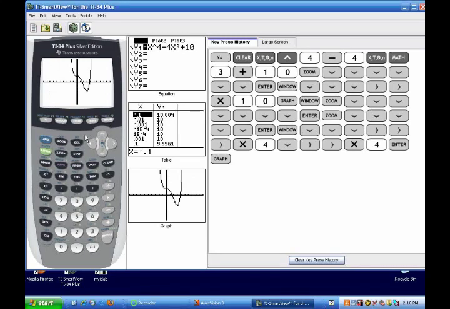Now we're happy. That's a pretty graph. That's a really pretty graph. And here it is down here. It looks really good down here, doesn't it? Really good down here.